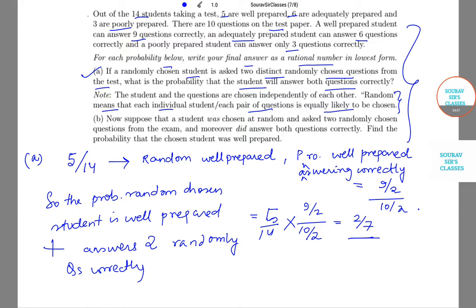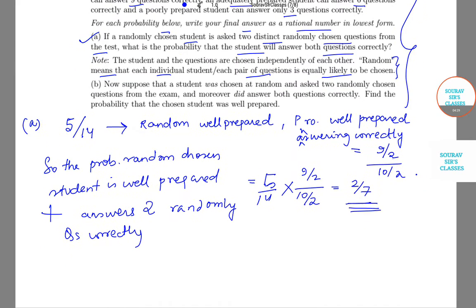A student belongs to exactly one of these 3 preparedness categories. So the desired probability is obtained by adding 2 by 7 with the result of parallel calculation of the other 2 categories. So we will perform the same for the other 2 categories.